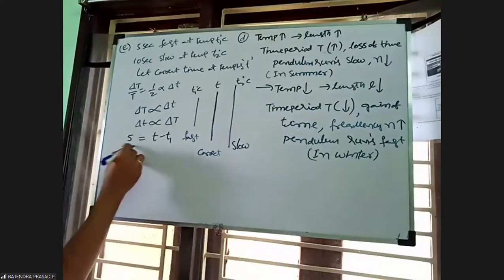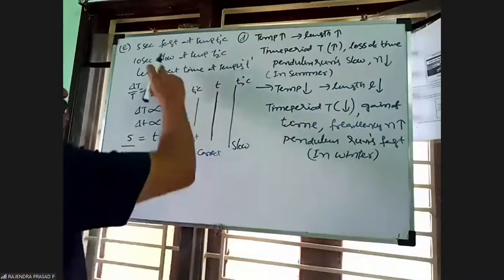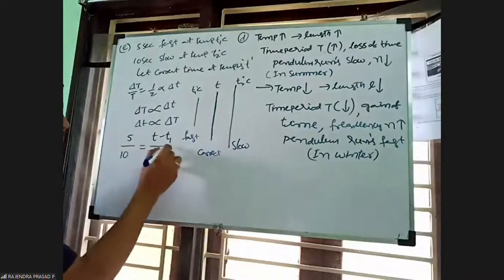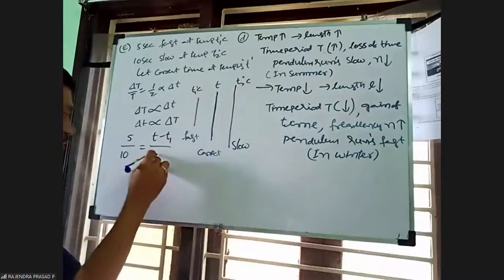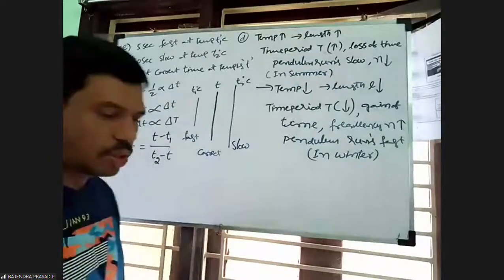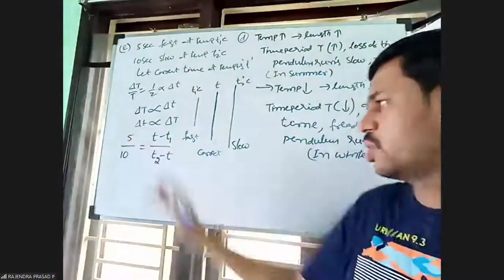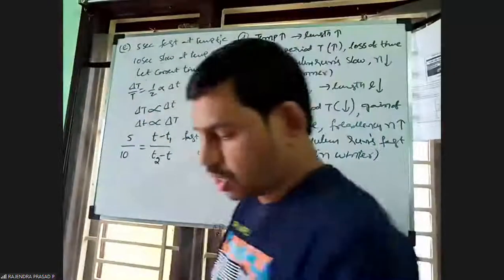For 10 seconds slow, it is T2 minus T. So T1 and T2 values are substituted, so the T value is calculated, so the correct temperature is calculated.